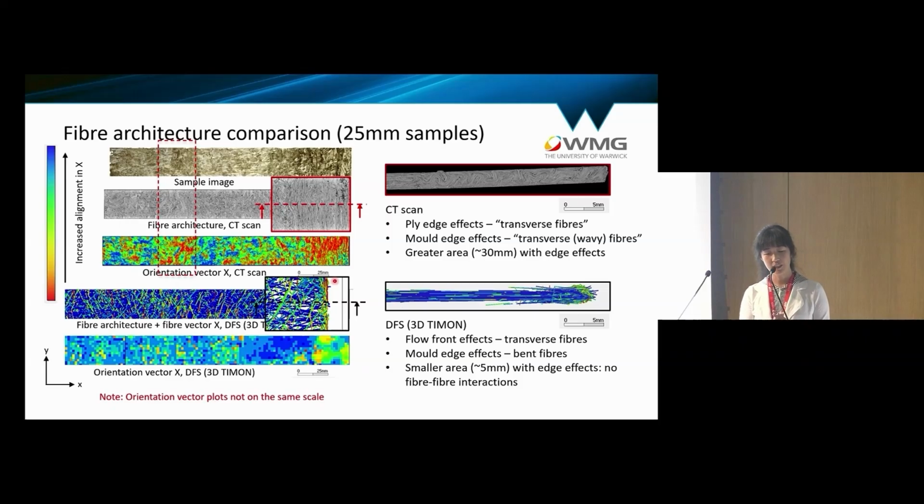However, the simulation cannot really predict this effect. The reason is that in simulation, fiber-fiber interaction is typically not considered. So when your first fiber hits the edge of the mold, nothing is propagated along the material. So you get a very localized edge effect, compared to the experiment, where a much larger area is affected.